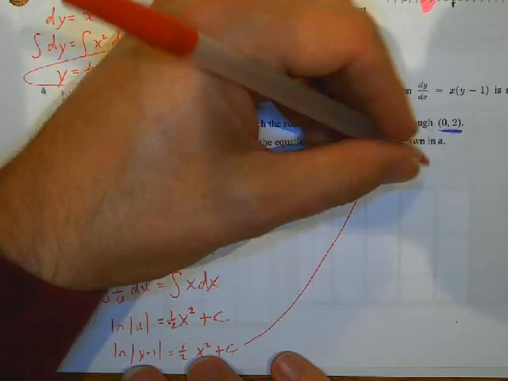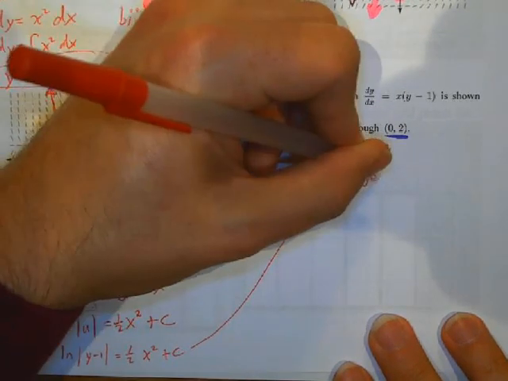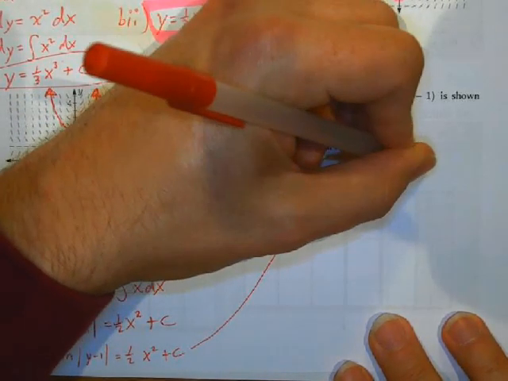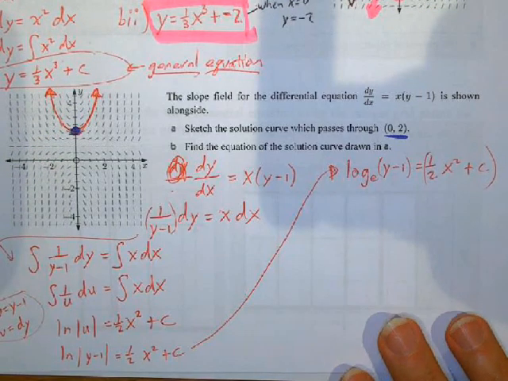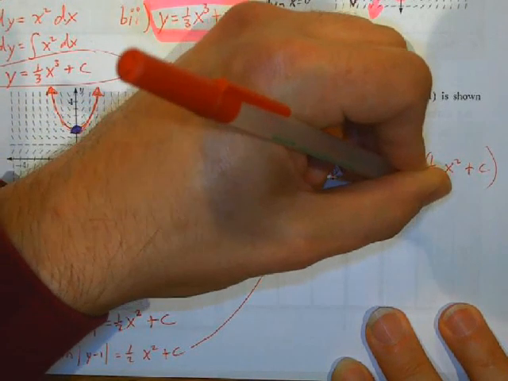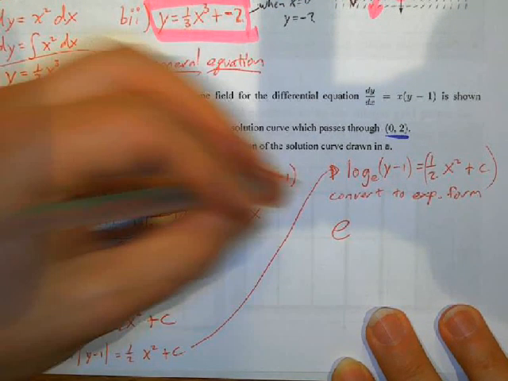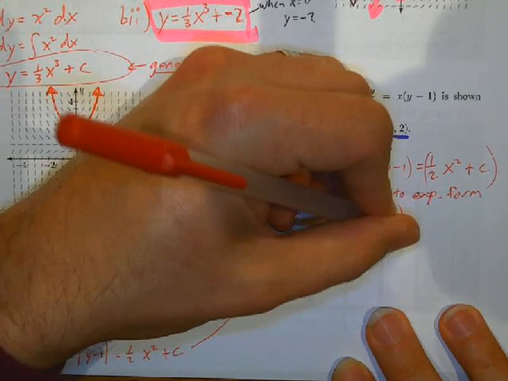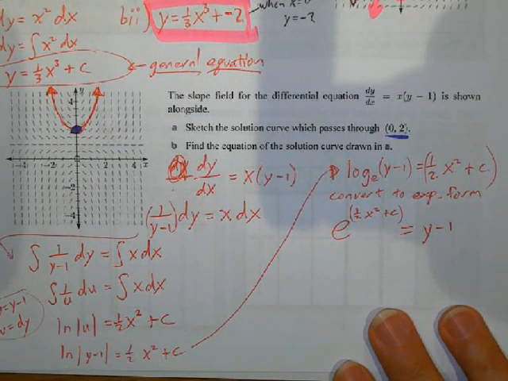To make it easier, I always like to write it as log base e of y minus 1 equals 1/2 x squared plus c. Okay, so if I'm going to convert to exponential form, then I'm going to write e to the power of 1/2 x squared plus c equals y minus 1. We converted it to exponential form in order to solve for y.